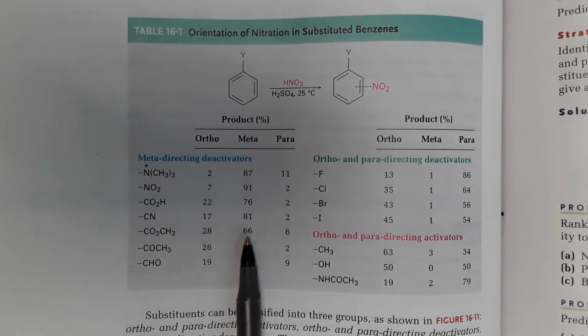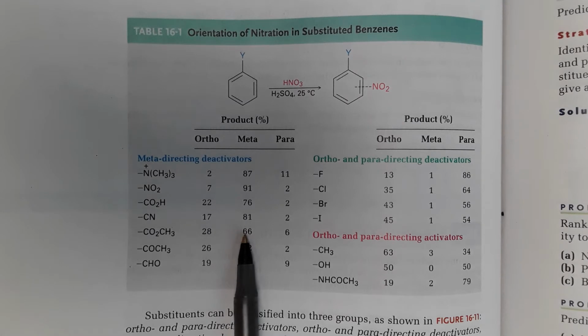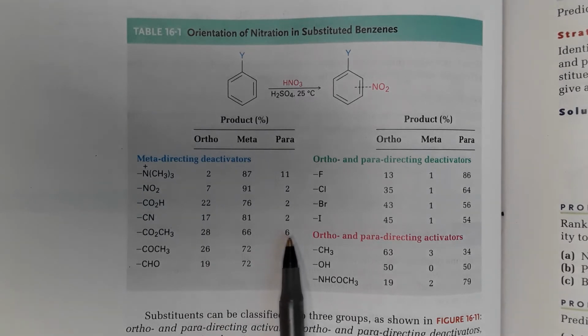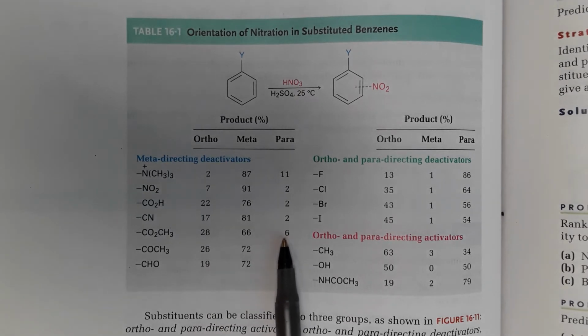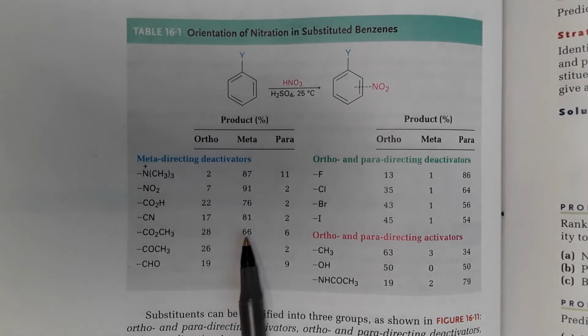So if you have an ester on there and you want to add a nitro group on there, a majority goes to the meta position, but you still have 28% that is going ortho and 6% that is going para. So you have a lot of material that you would have to separate out to purify the final product, and that's exactly what you need to do.